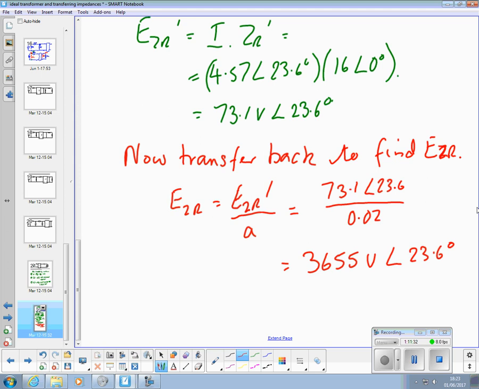If that was perfect, we'd have a secondary voltage of 4,000 volts. So we're in the right ballpark. Again, just have a little check. Does it make sense? All right? You're all happy with that? Yeah? So the voltage across the resistor is 3,655 volts.